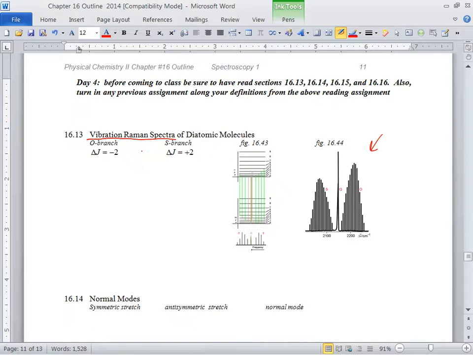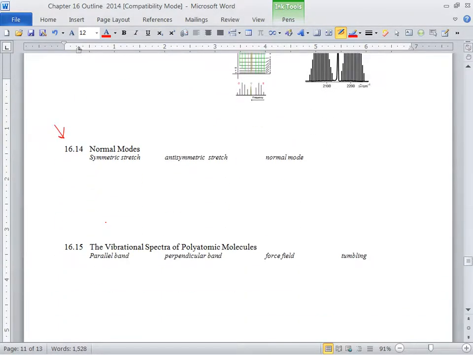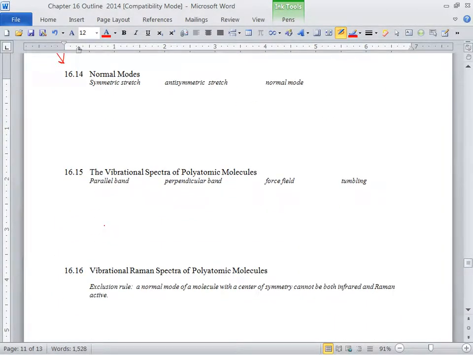Okay, so if we jump down to the next section, they're talking about normal modes. We discussed before, whether a molecule is linear or not linear, how many vibrational modes there are. They're just adding a word in front of that, normal modes.